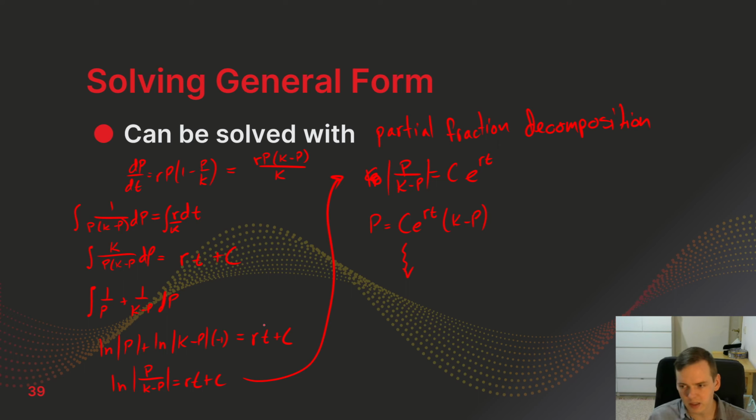It's just a matter of consistently rearranging and solving. And we get P is equal to eventually the initial population times K e to the rt over K minus P plus the initial population e to the rt.